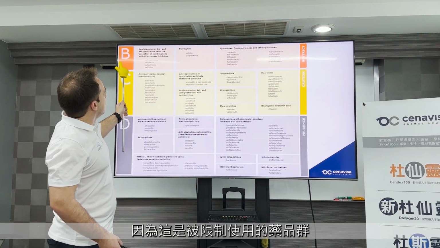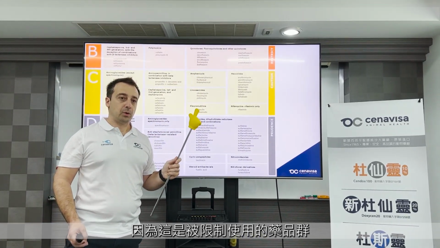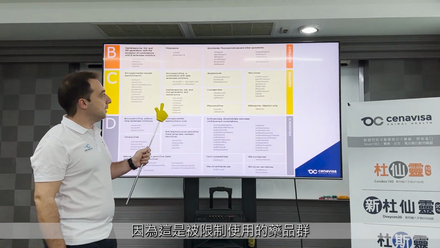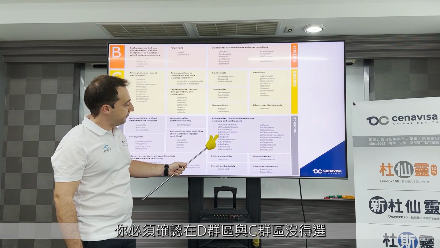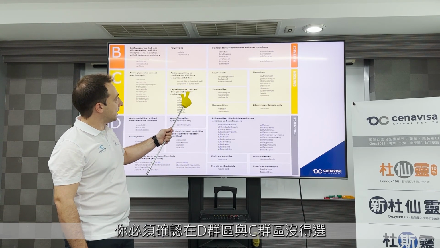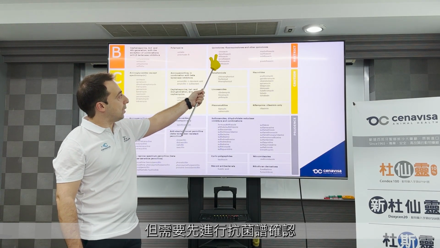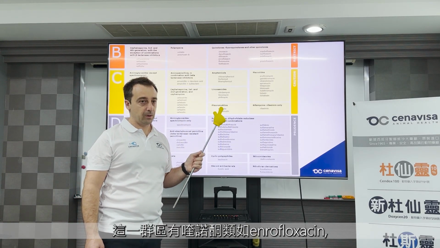Group B is the most difficult to apply for veterinarians when they make the prescription, because, as I told you, first you need to check if you have an alternative here or here. If you don't have an alternative, you have to choose one of these, but first you need an antibiogram. Okay.